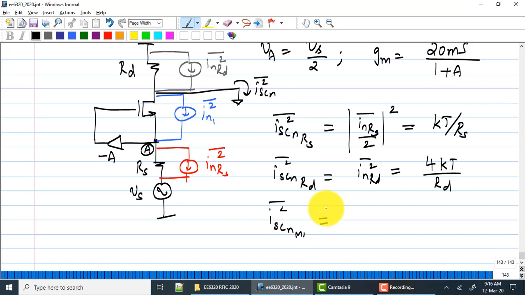So far, okay. What happens to the noise of M1? Half of it will flow through RS, the other half will flow back through the transistor. So it is (IN,M1 by 2) the whole square, because at this point, half of it can flow back through the circuit, half of it can flow through RS.